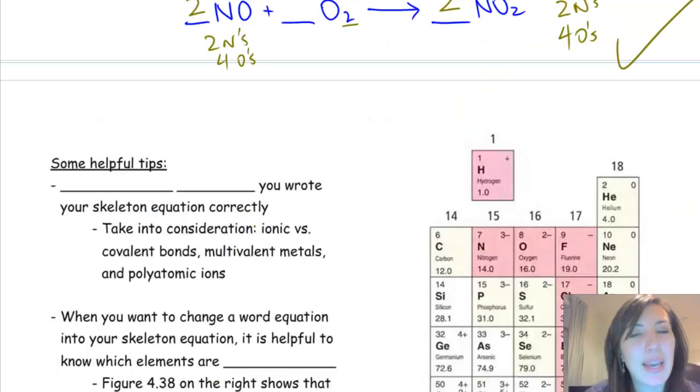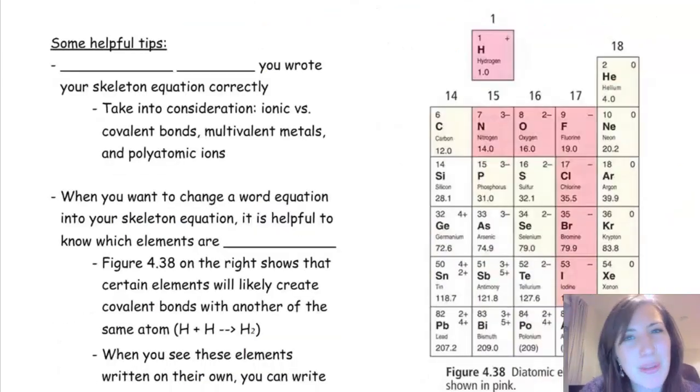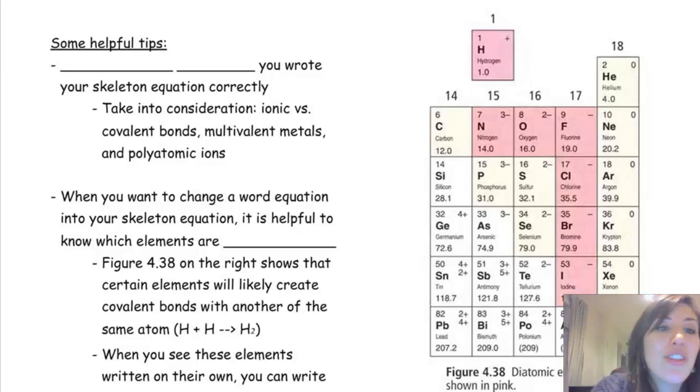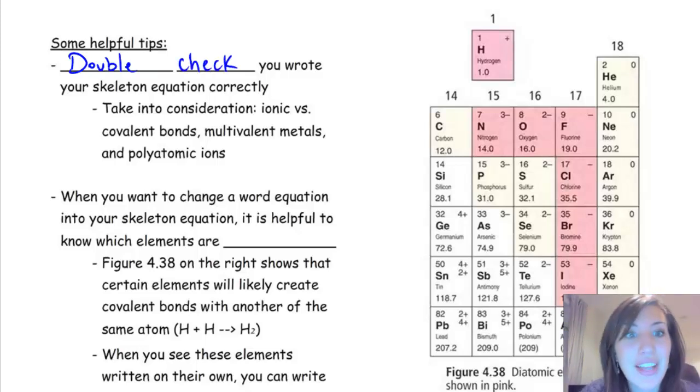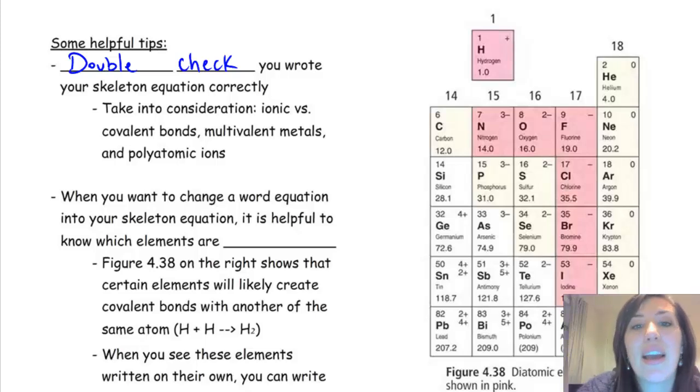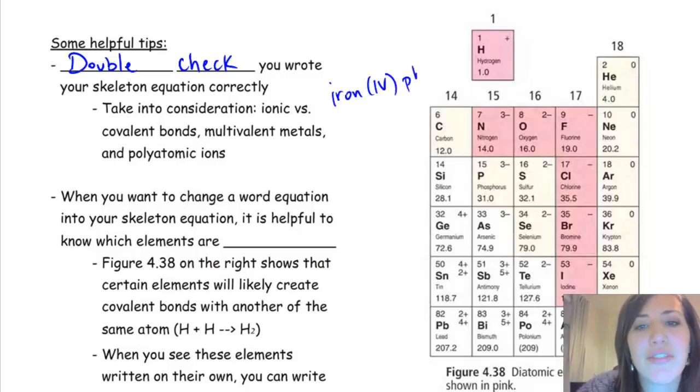Some helpful tips when we start to balance, because they're not all that easy. They do get really complicated. So the first thing you need to do is double check that you actually wrote your skeleton equation correctly, because sometimes we have ionic bonds, sometimes we have covalent bonds, sometimes you're going to see multivalent elements like iron(II) phosphide, for example.